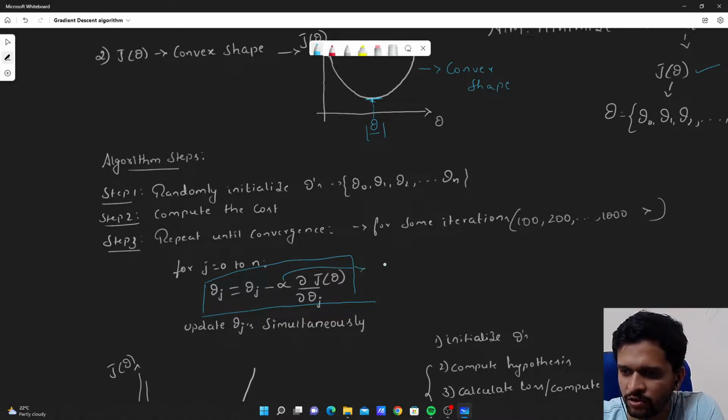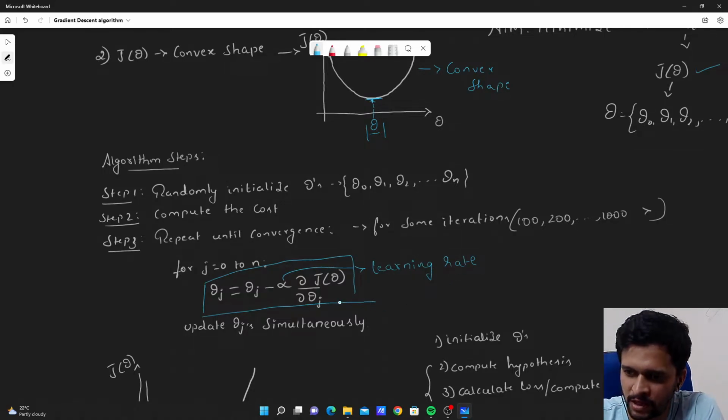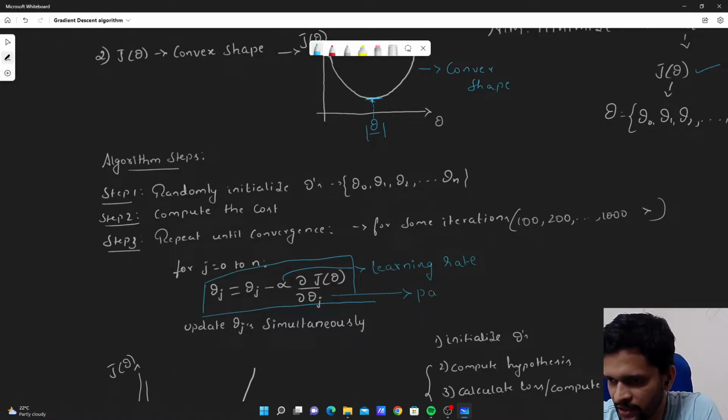Here alpha stands for the learning rate, as you know from my previous video where I described the notations. Now this partial derivative, this funny notation of d bent towards the left side, is called the partial derivative. In other words, it is nothing but the slope at that particular point.